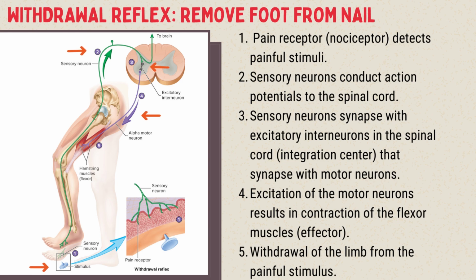The interneurons then synapse with motor neurons. The excitation of the motor neurons stimulates flexor muscles, which are the effector. Action potentials in the flexor muscle result in the contraction of these muscles, thus removing the limb from the painful stimuli.